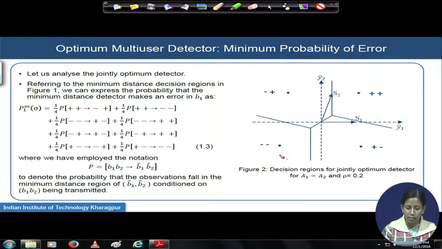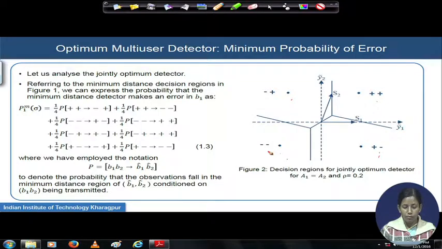Other two are that you have transmitted minus plus and you have got here, or transmitted plus minus and you are detecting here, or transmitted this and detecting that as if you are here.